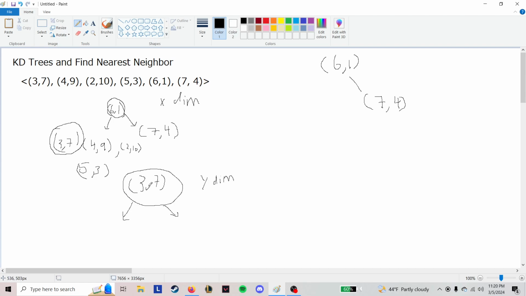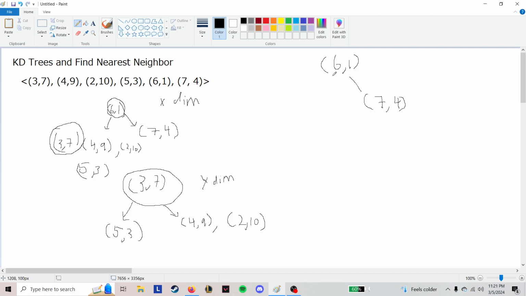So what that means is, on the right, I'm going to put points that have y dimension greater than the point I chose, which is 3, 7. So I'm going to put in the points on the right, 4, 9, and 2, 10, because those are both points with greater values in the y dimension. And then on the left, I'm going to have the point 5, 3, because this is the only point with y dimension less than 7.